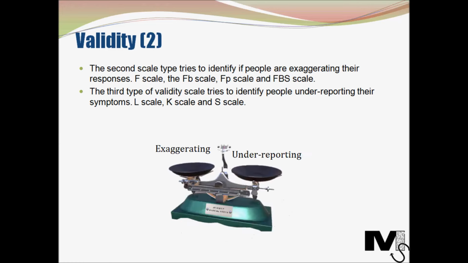Now, the second type of validity scale tries to identify if people are exaggerating their responses to appear worse than how they actually feel. Here we have the F scale, the FB scale, and the FP, P for Peter, scale, and the FBS scale.